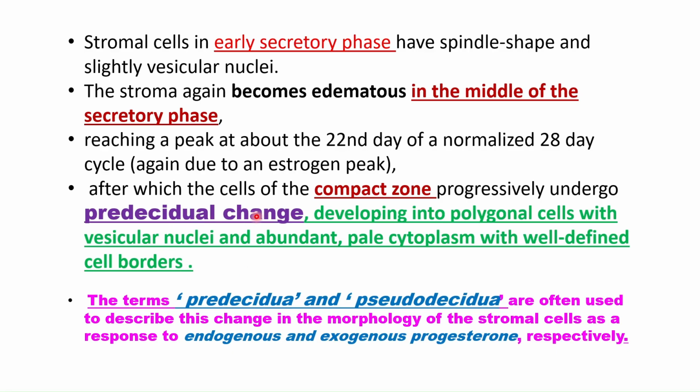So pre-decidual change, pseudo-decidual change, and decidual change. These three terminologies are important. The term pre-decidua is generally used to describe the changes in the morphology of the stromal cells in response to endogenous progesterone, and pseudodecidual change is a morphology in response to exogenous progesterone.